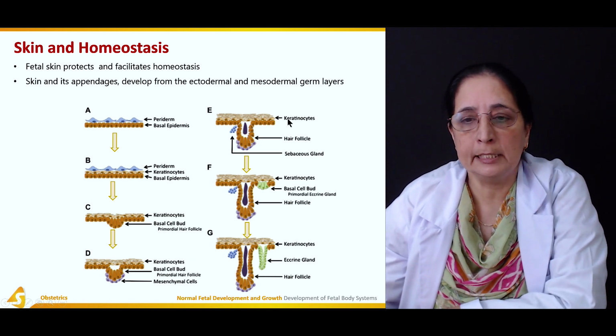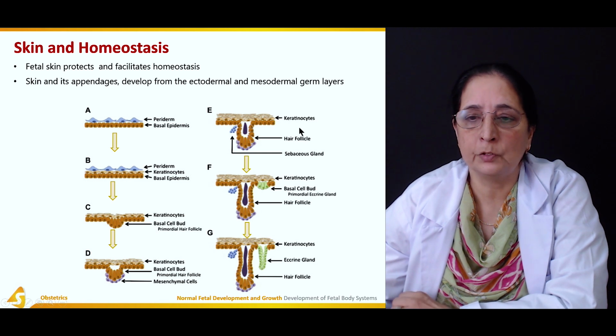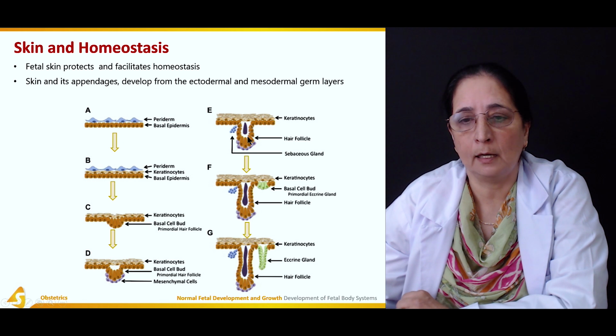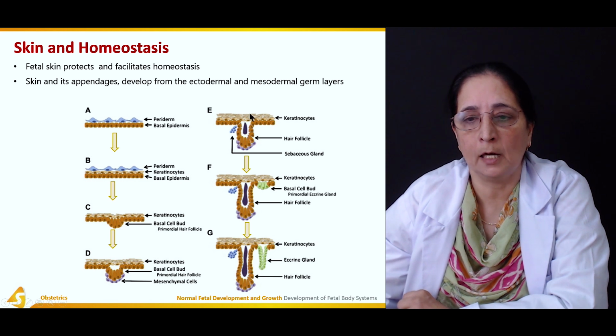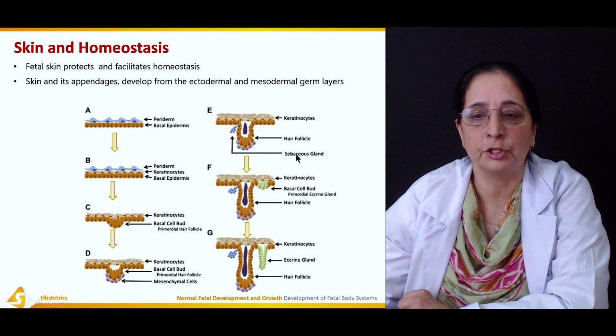In the next stage, keratinocytes are enlarging, hair follicles are present, and slowly the hair is coming out, and there is sebaceous gland formation.